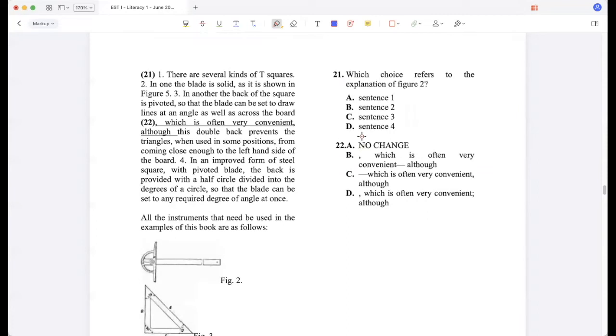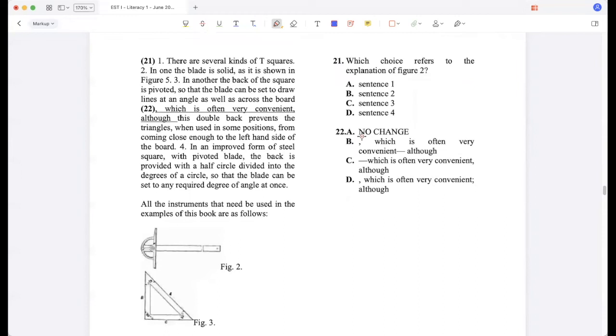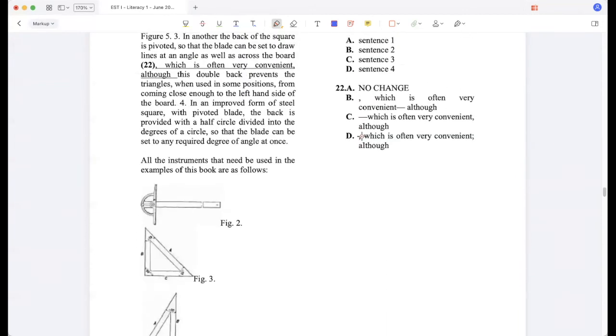Okay. Which is often very convenient, although this double back prevents the triangles from coming close enough to the left hand side. In the improved form of steel square with pivoted blade, the back is provided with a half circle divided into degrees of a circle so that the blade can be set to any required degree.